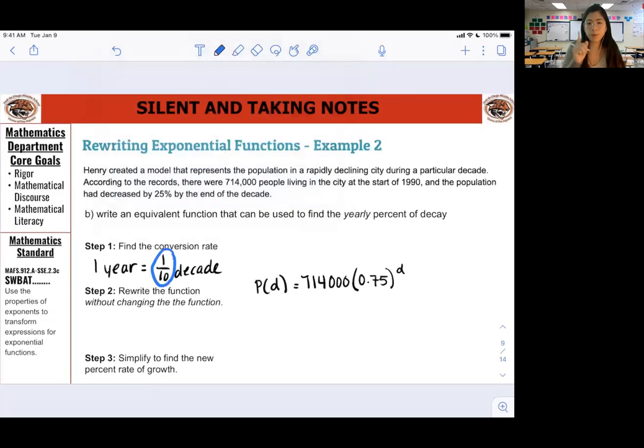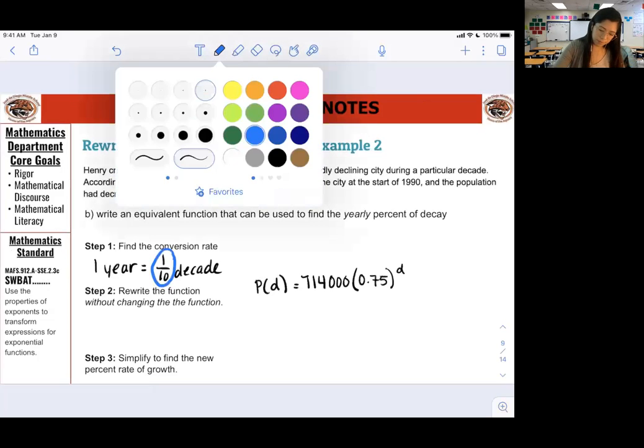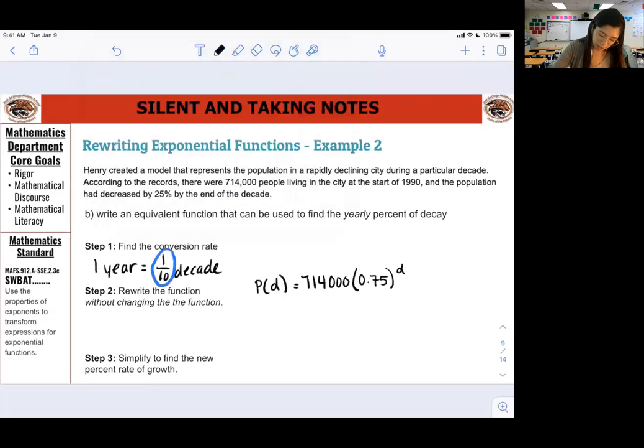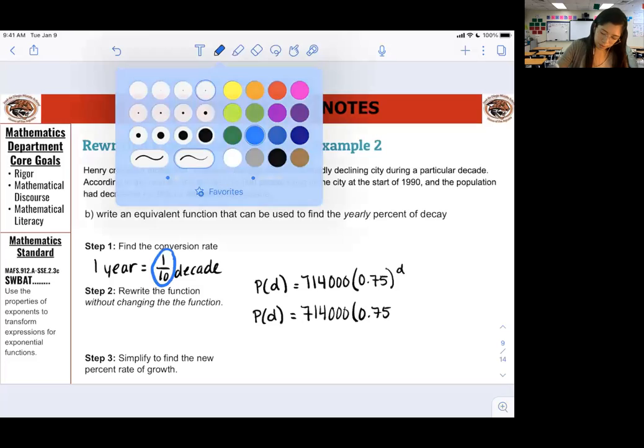But when I plug in 1 over 10, what do I have to do to bring it back into balance? Place a 10 on the outside with D. You got it. So here we go. So I have 714,000 times 0.75 to the power of 1/10.